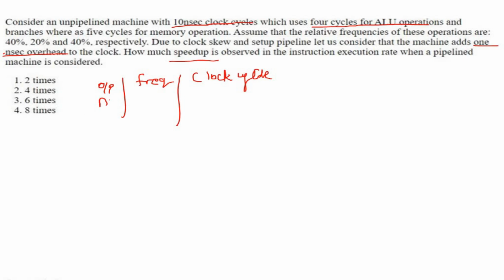Operation is ALU operation, the frequency is 40%, and clock cycle is 4 clock cycles. Next we have branch operation, which is taking 20% and 4 clock cycles. Next is memory, which is taking 40% frequency and 5 clock cycles.